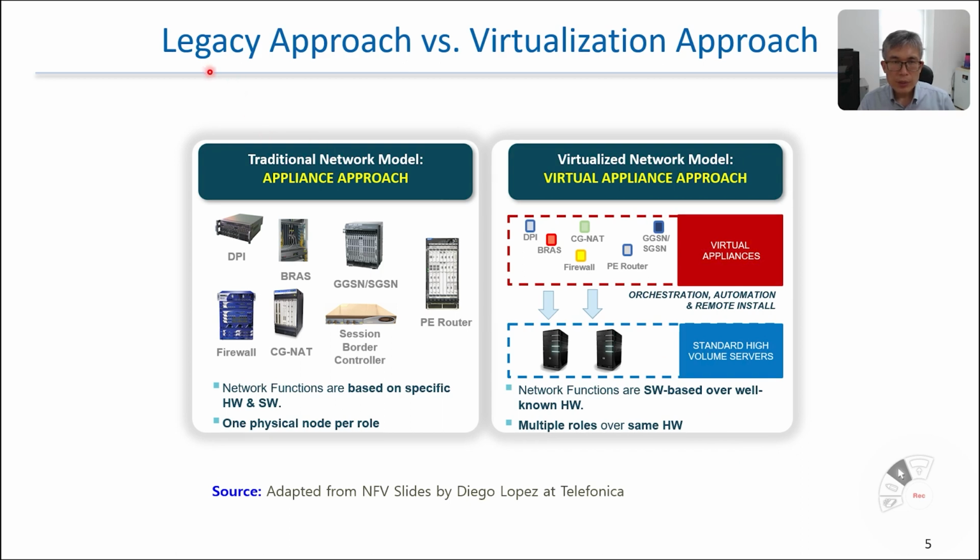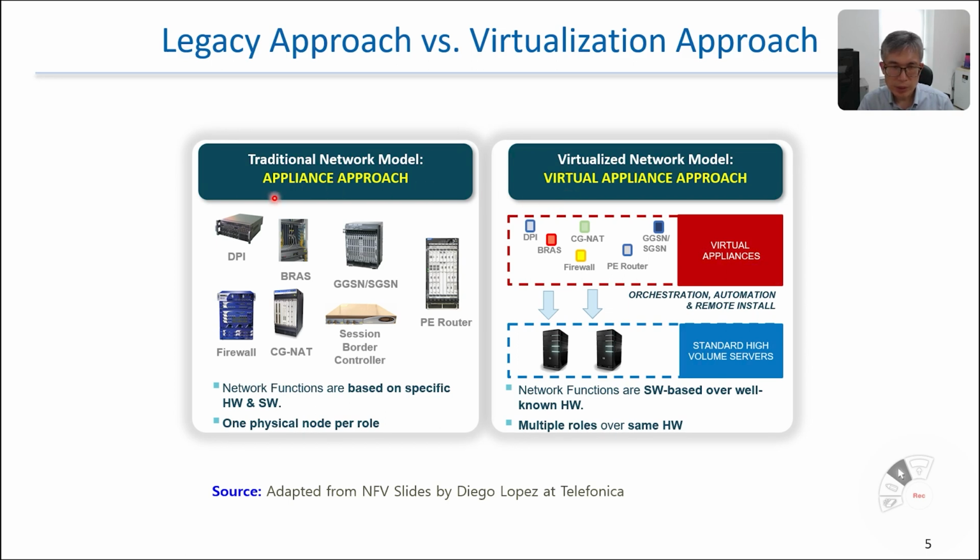Let's compare the legacy approach and the virtualization approach. On the left-hand side is the traditional network model, called the appliance approach. On the right-hand side is the virtualized network model, called the virtual appliance approach.